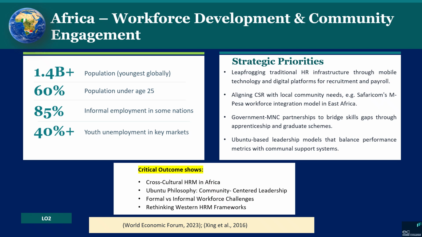While this demographic profile offers potential, there is high youth unemployment of around 40%, and widespread informal work, up to 85% of jobs. So there must be strategic priorities set to cope with these statistics, which include the adoption of mobile first HR solutions. Safaricom's M-Pesa platform in East Africa has transformed financial inclusion and has been adopted for salary disbursement in the formal sector. These are initiatives and government MNC partnerships.